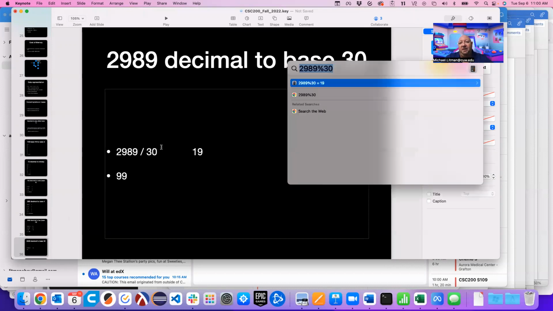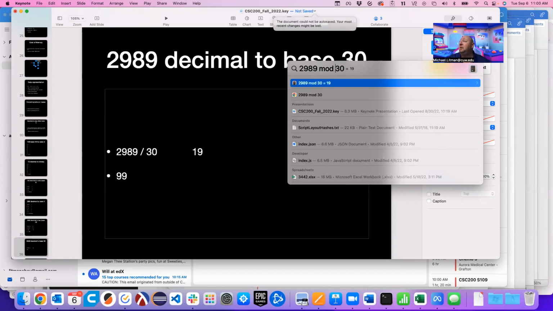I cheated a little bit there, if you saw. In most programming languages, the modulus operator, the operator that gets you the remainder of an integer division, is the percent symbol. I just happened to try it on the Mac and it understood it. Other languages might say something like mod. Yeah, it understands that too.